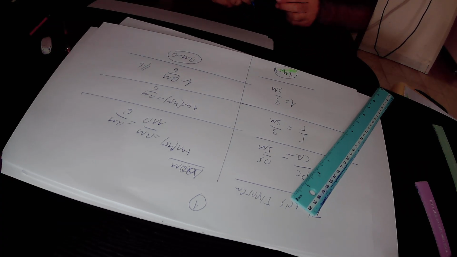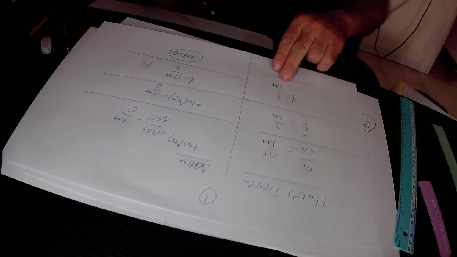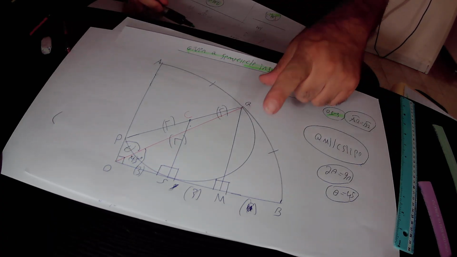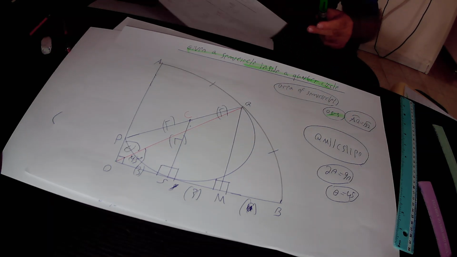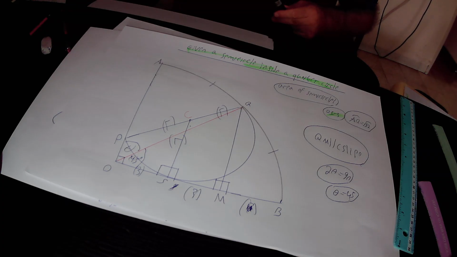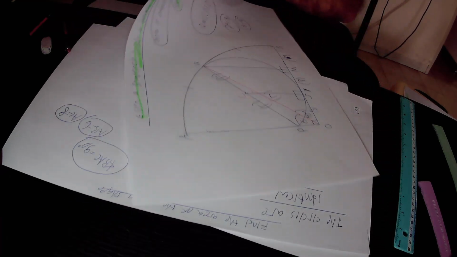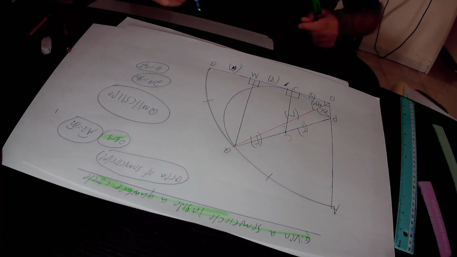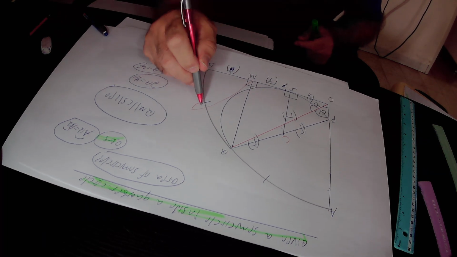So this is the missing side QM, that equals 6 units in its length. I write it down in the drawing.